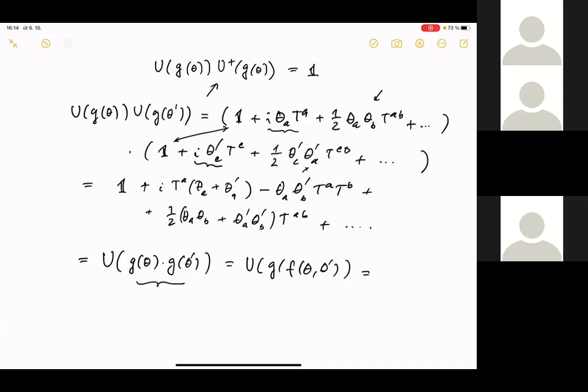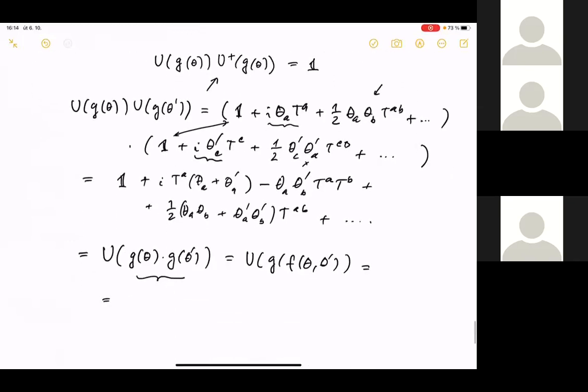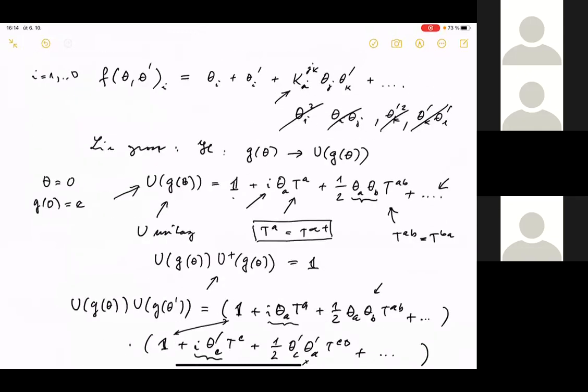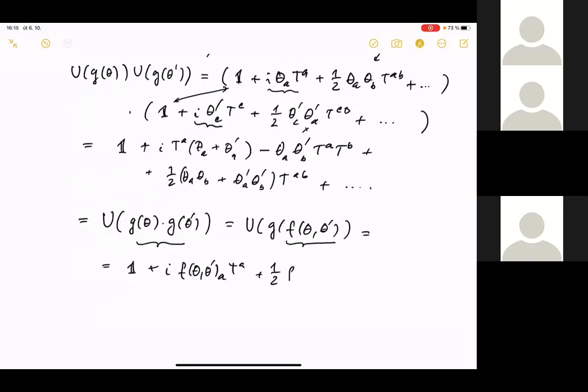So if we use this and take this composition of parameters theta and theta prime as the parameter theta here, we get 1 plus I times F of theta, theta prime A TA plus 1/2 F A F B TAB plus terms which are higher orders in these F parameters.